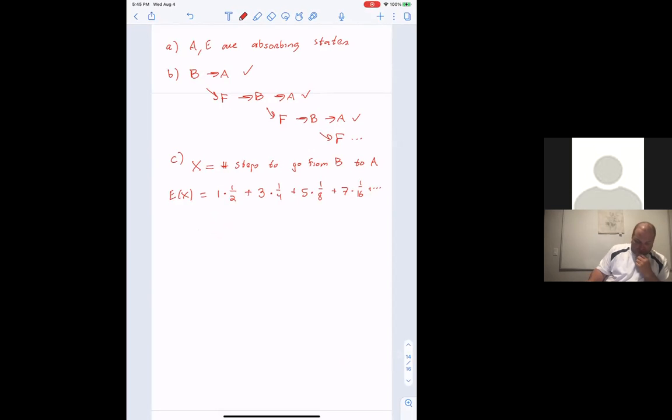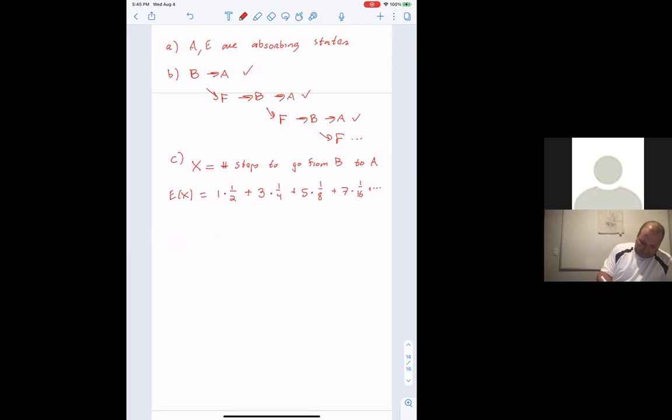So let's do it in a slightly different way, which is as follows. We'll see if this works. The expected value of X is equal to 1 times, I got to think how I want to do this. I saw this years ago. Very, very cool technique.